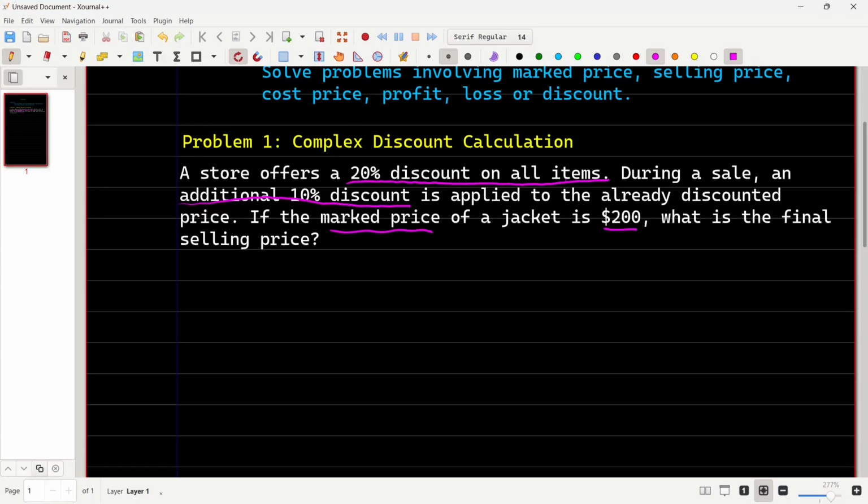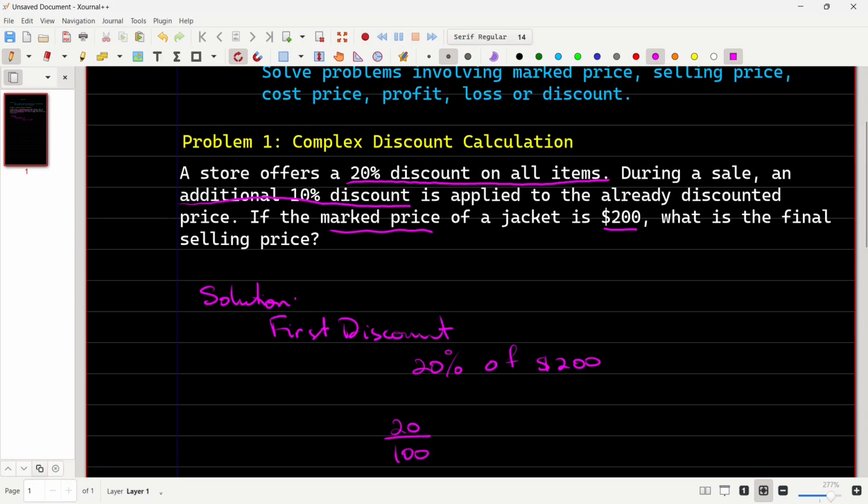So the first thing we want to do is find out what the first discount did. So the solution: the first discount is 20%, not 2%, 20% of $200, which is the same as saying 20 divided by 100 multiplied by 200, cancel, and this here is $40.